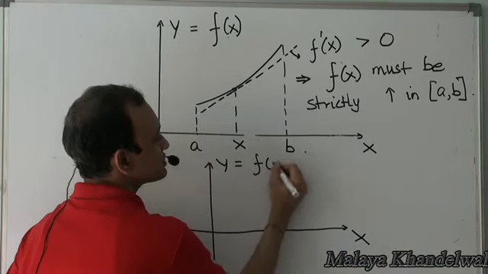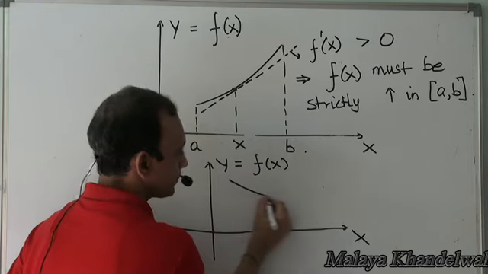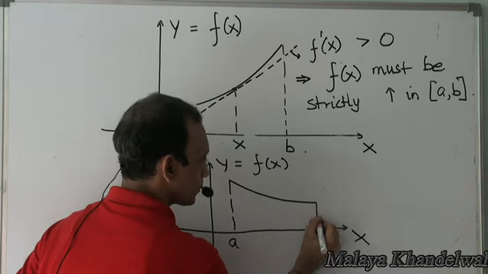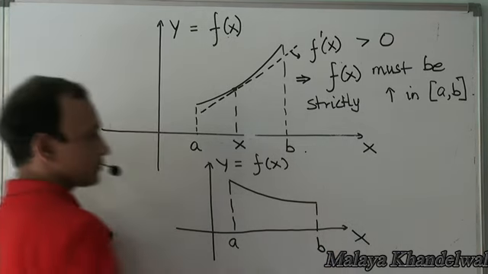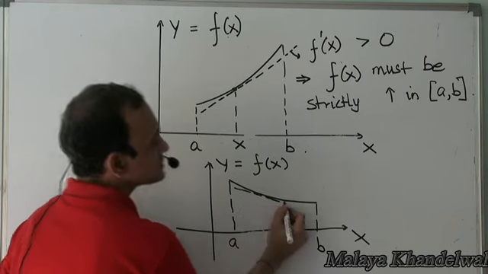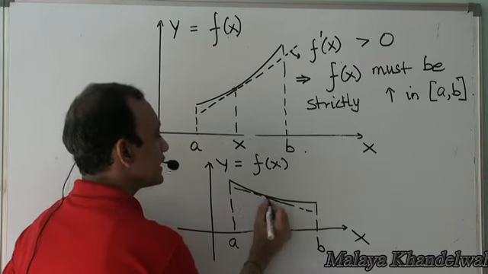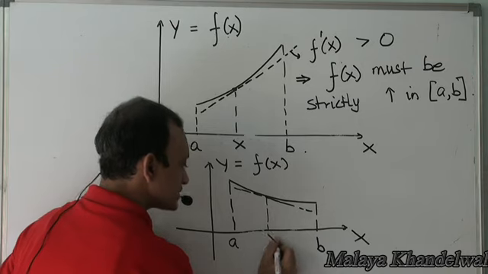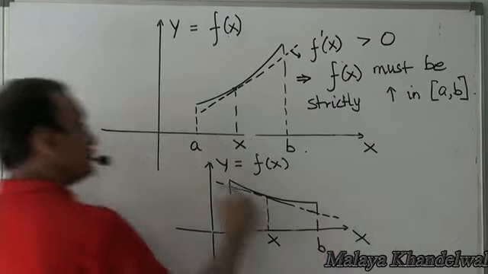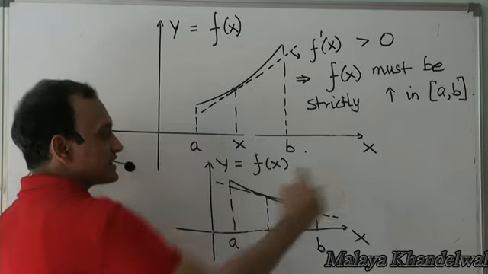if a function is differentiable in an interval a to b, this is the tangent drawn at a certain x. And you find that the slope of this tangent is negative.